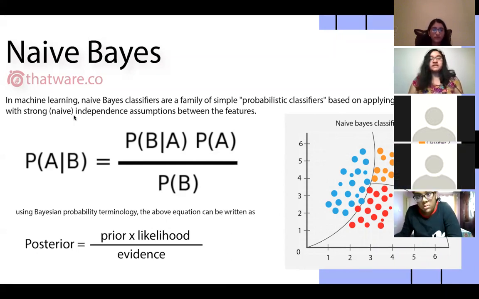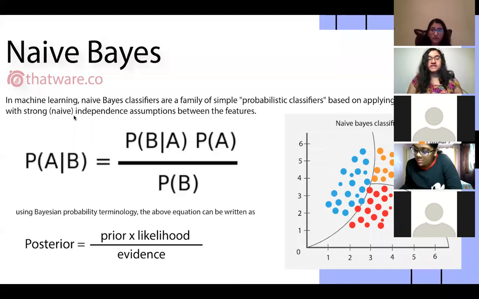However, we won't take into account the order of these words. That's why it's considered naive. So if I say friend and then money in an email, it won't give a different probability than if I say money and then friend. The order will not matter, and that's why we call it naive.